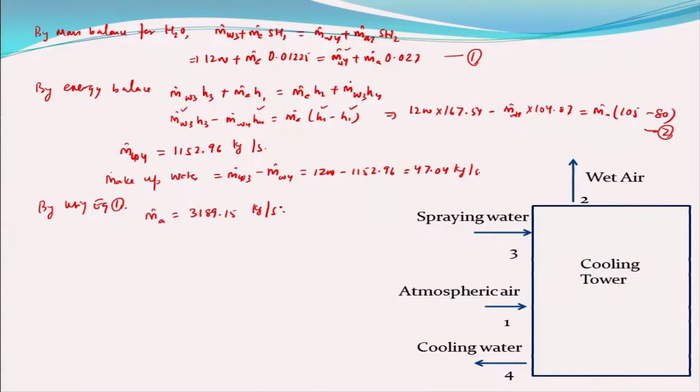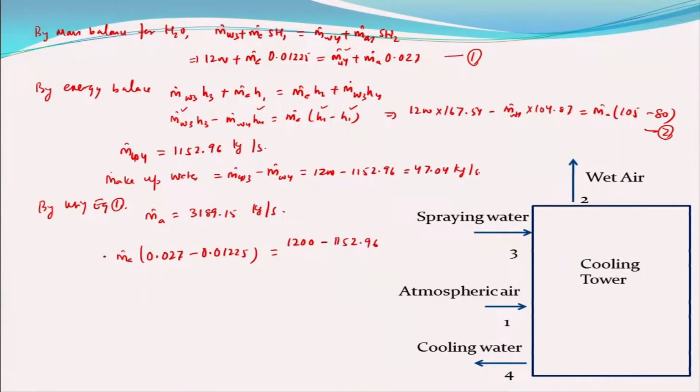It is very easy actually. From equation 1, I can get MA times 0.027 minus 0.01225 equal to 1200 minus MW4, which is 1152.96.